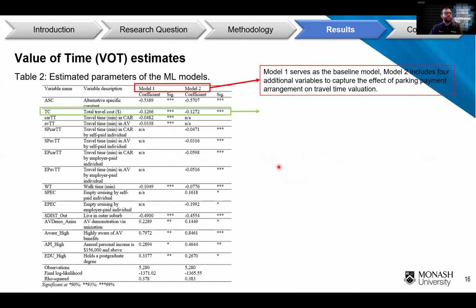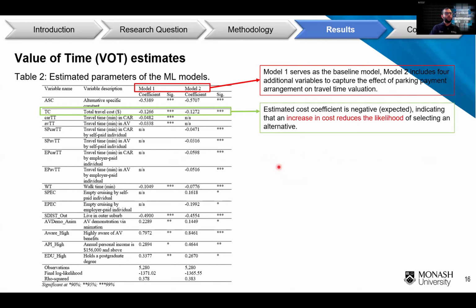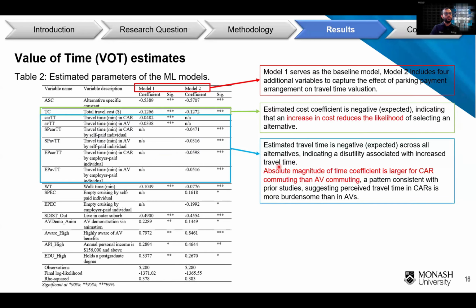Now, as predicted, the travel cost is intuitively negative, indicating that an increase in cost will reduce the likelihood of selecting an alternative. Similarly, the travel time coefficients are all negative, indicating a disutility associated with the increased travel time.